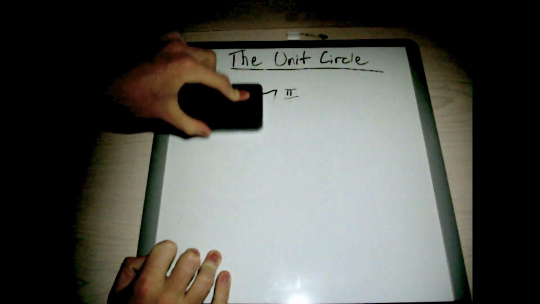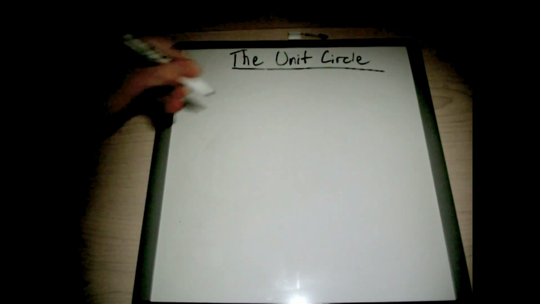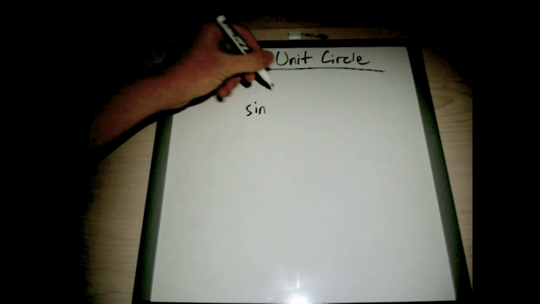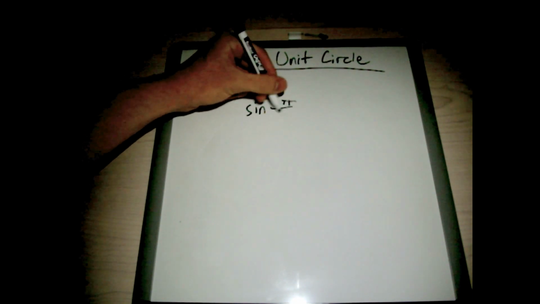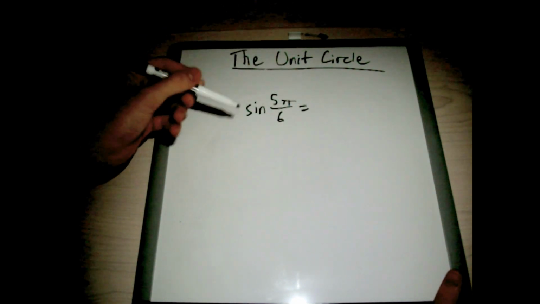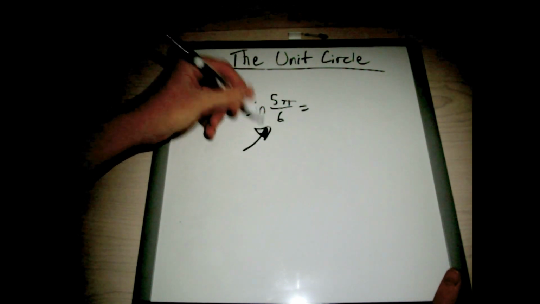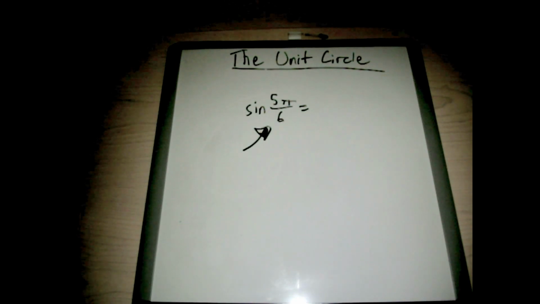So the way these problems will be presented usually for the beginning stages is it's going to be something like sine of 5 pi over 6 equals what? So what the 5 pi over 6 is, that's called the reference angle. That just basically lets you know what you're working with.